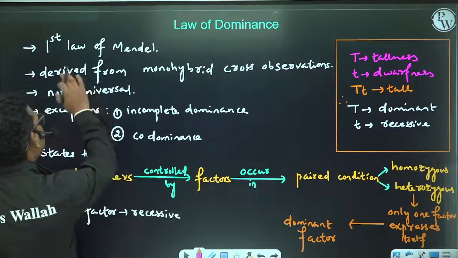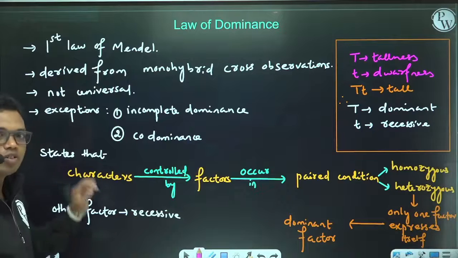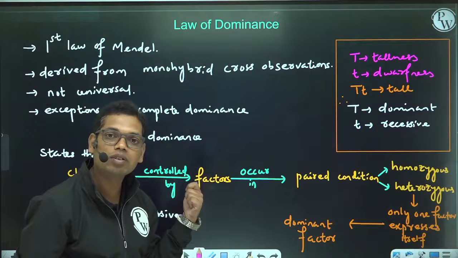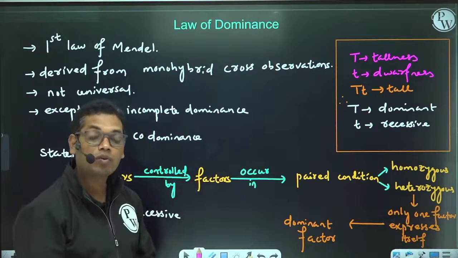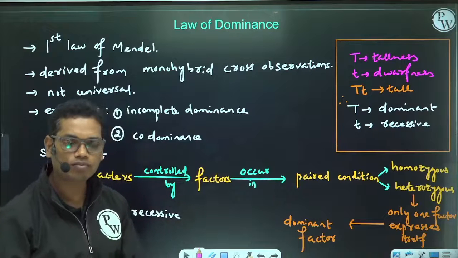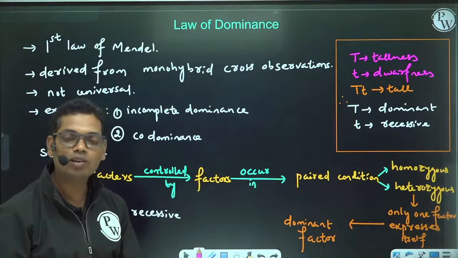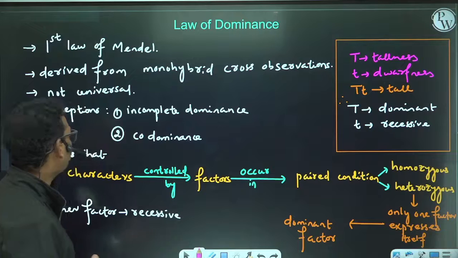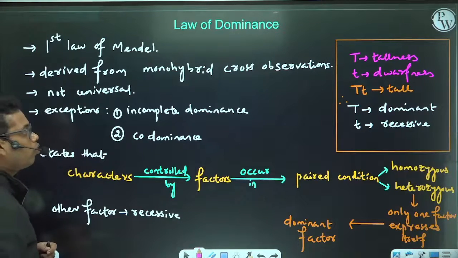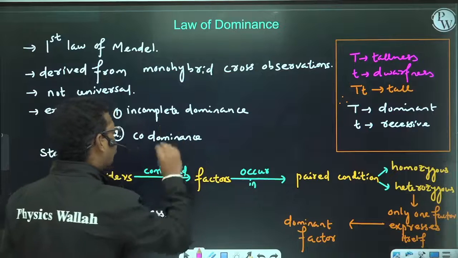And this law is not universal. That means this law has some limitations, because it is not applicable for all characters. So what are the exceptions to this law? One is incomplete dominance, second is codominance.